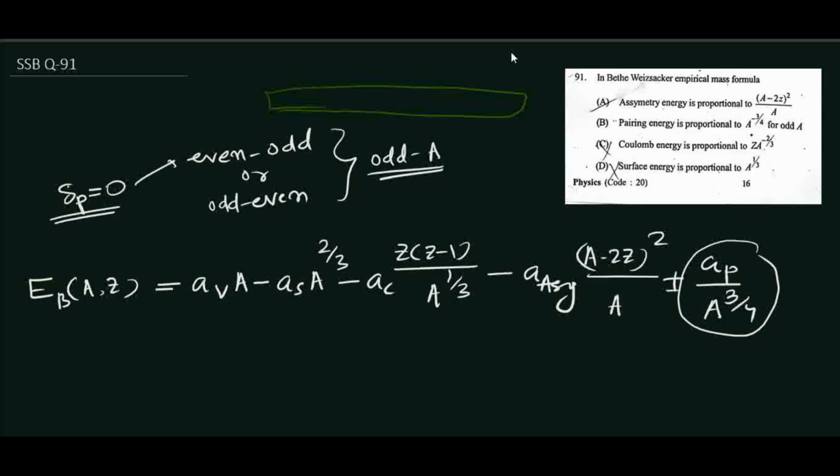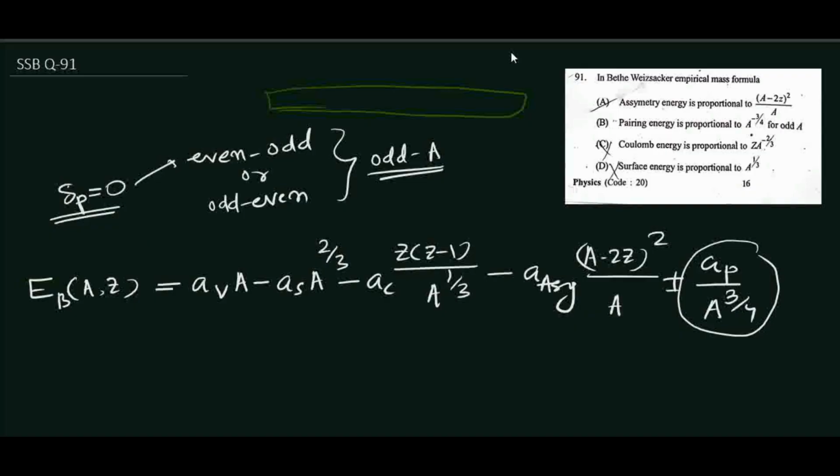But the contribution for nuclei whose atomic number and neutron number are both even or both odd has a contribution to the total binding energy.